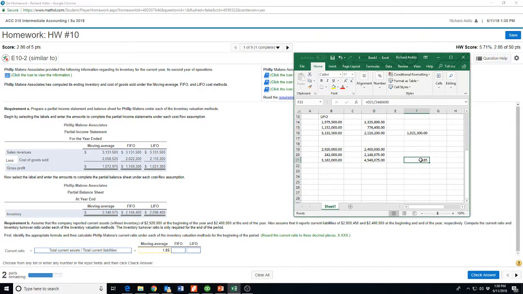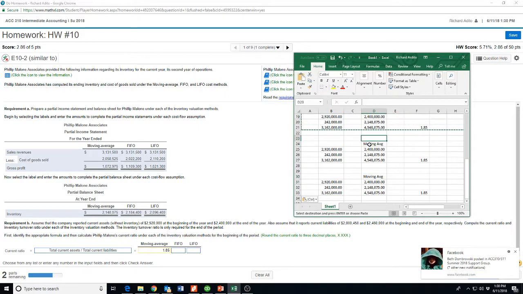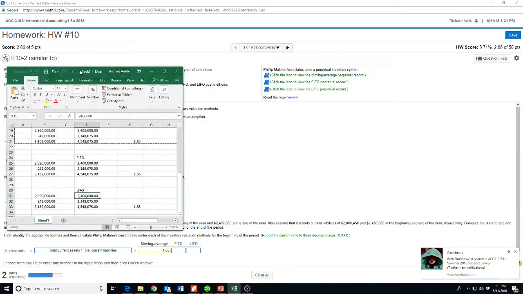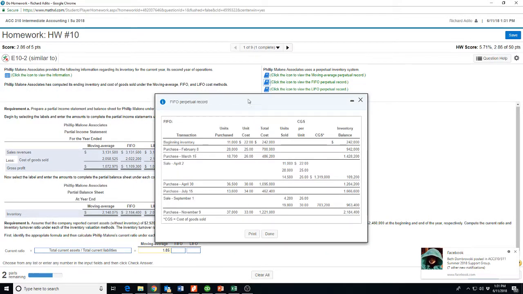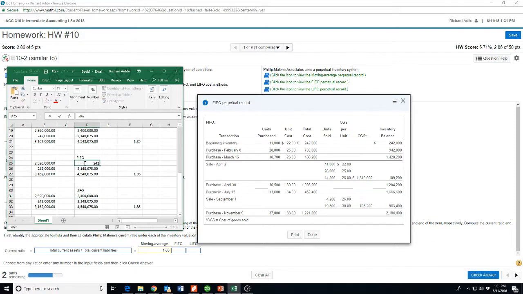Now, all we need to do is change these numbers for FIFO and LIFO. So this is moving average. Let's copy this again and label them FIFO and LIFO. Under FIFO, our beginning inventory was 242.